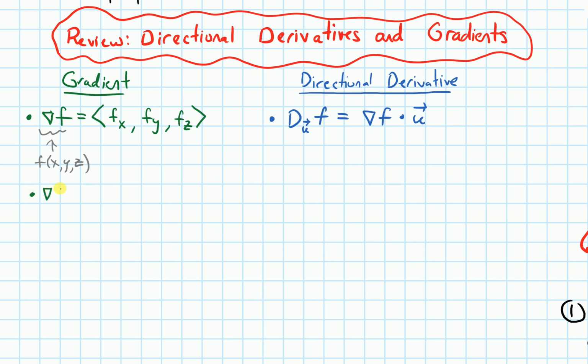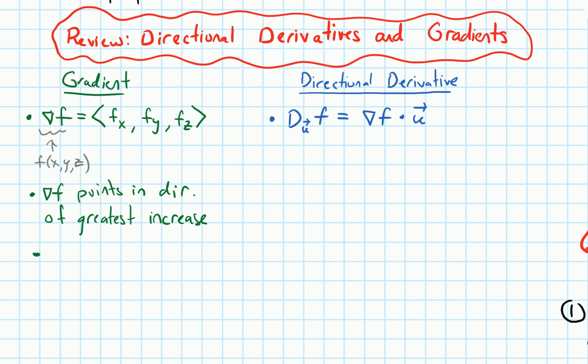Let's write down some properties. So one property about the gradient is that the gradient points in the direction of greatest increase. It points in the direction that the function f would increase the most.